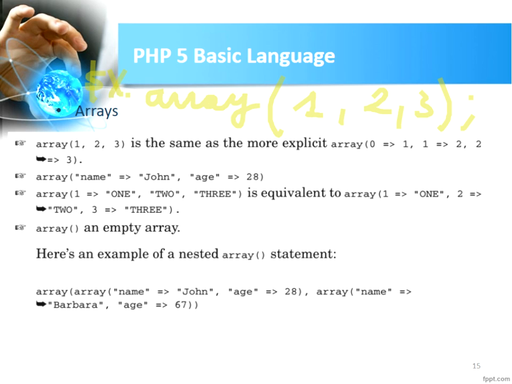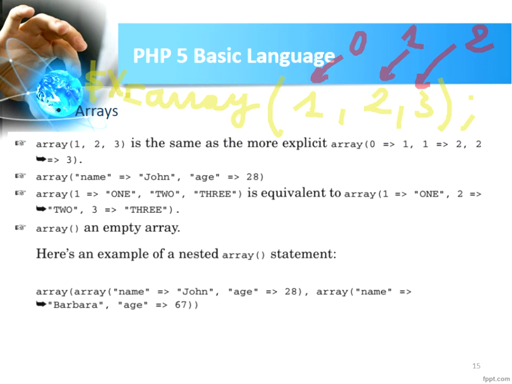I can write, for example, $x equals that. So in my example, I create an array $x, and the length of $x is 3. That means $x contains 3 elements. The index of the first element is 0. The index of this one is 1, and the index of this one is 2.